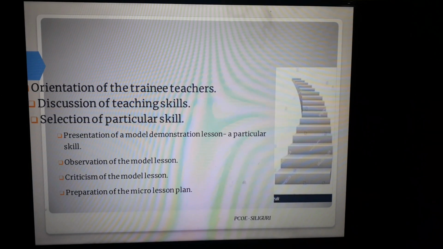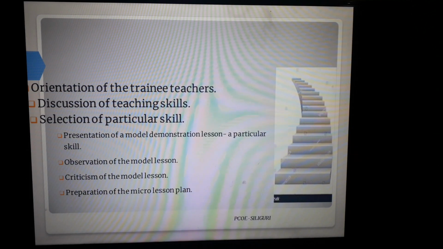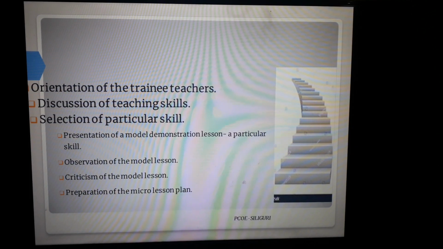Third one is selection of particular skills. In this step, trainee teacher will select a particular teaching skill. Like already I discussed the different types of teaching skills: skill of introducing lesson, skill of explaining, skill of stimulus variation, skill of using blackboard, skill of asking questions. So many skills are there.